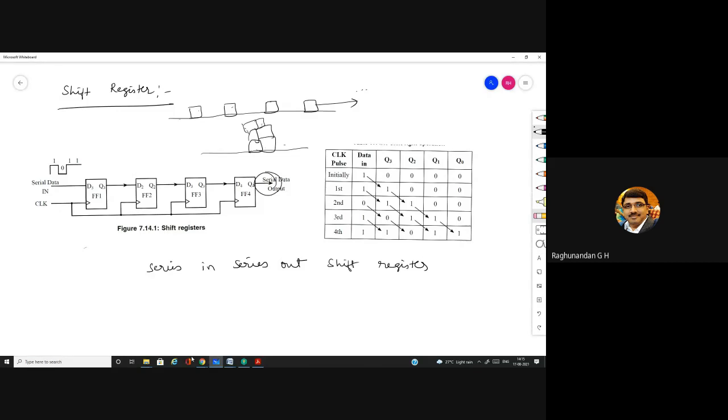The other one is serial in, parallel out shift register. Then parallel in, serial out shift register.